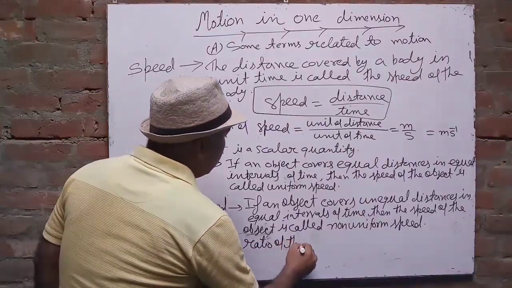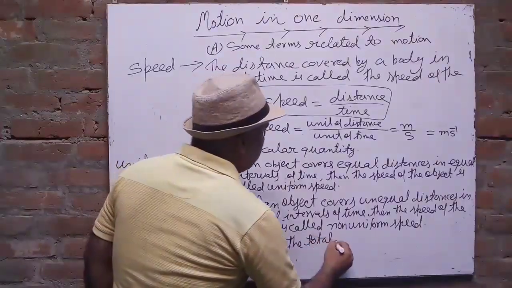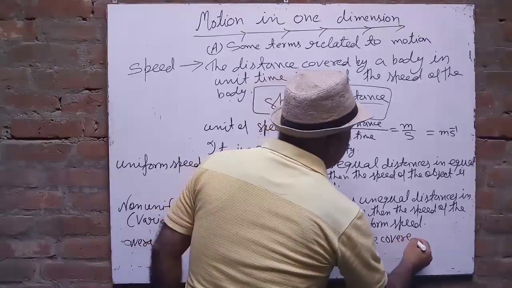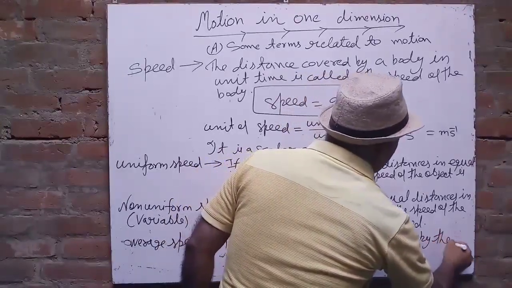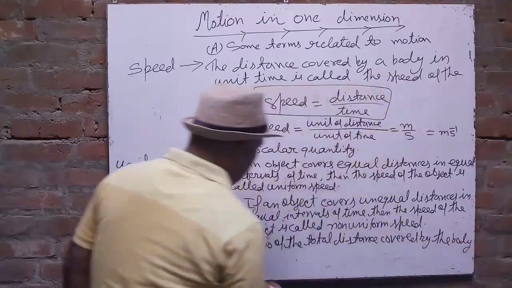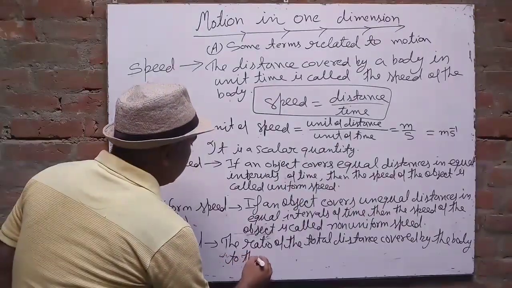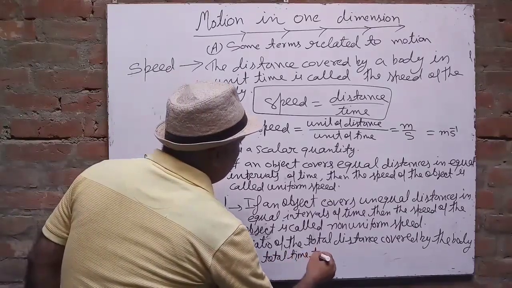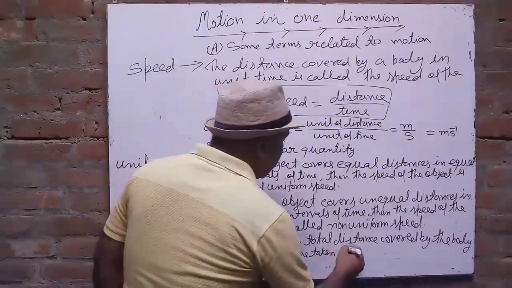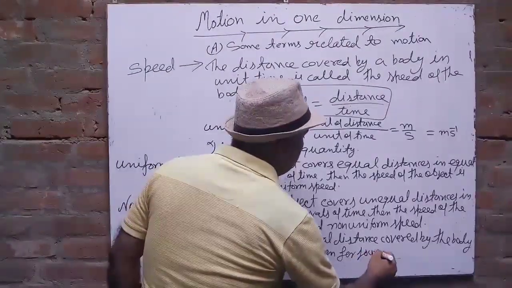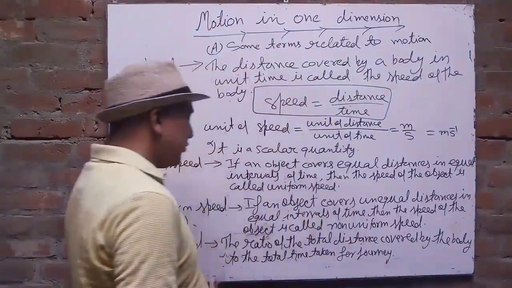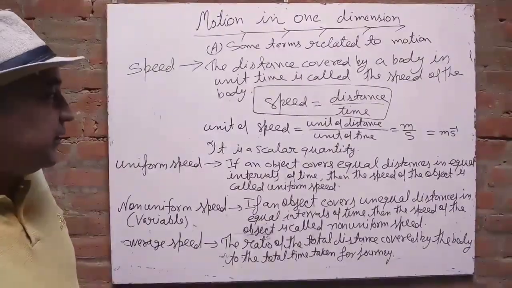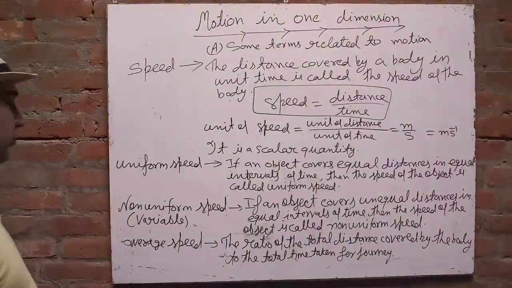The ratio of the total distance covered by the body to the total time taken for the journey. Understood? So that is the average speed. Okay. Now I am going to remove it. You can pause the video and you can note down all these things.